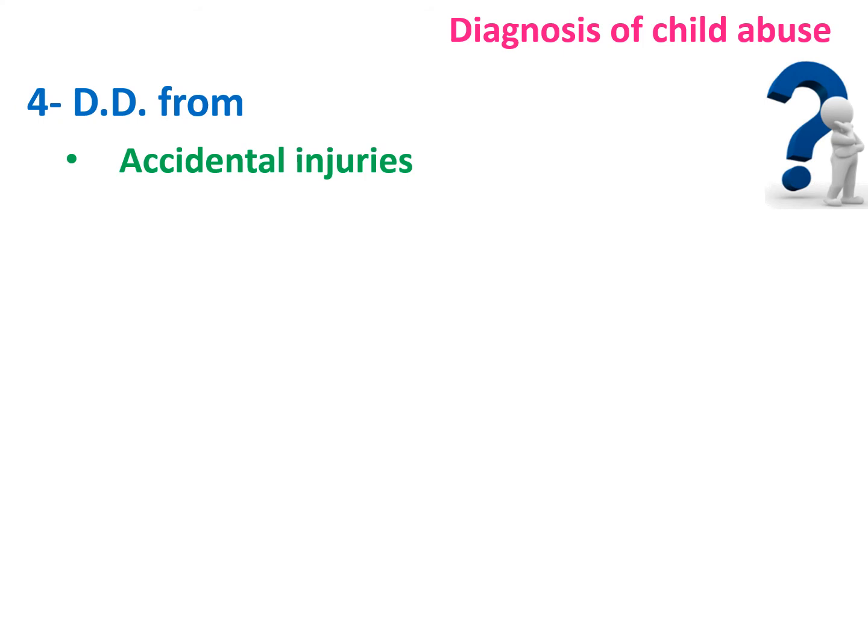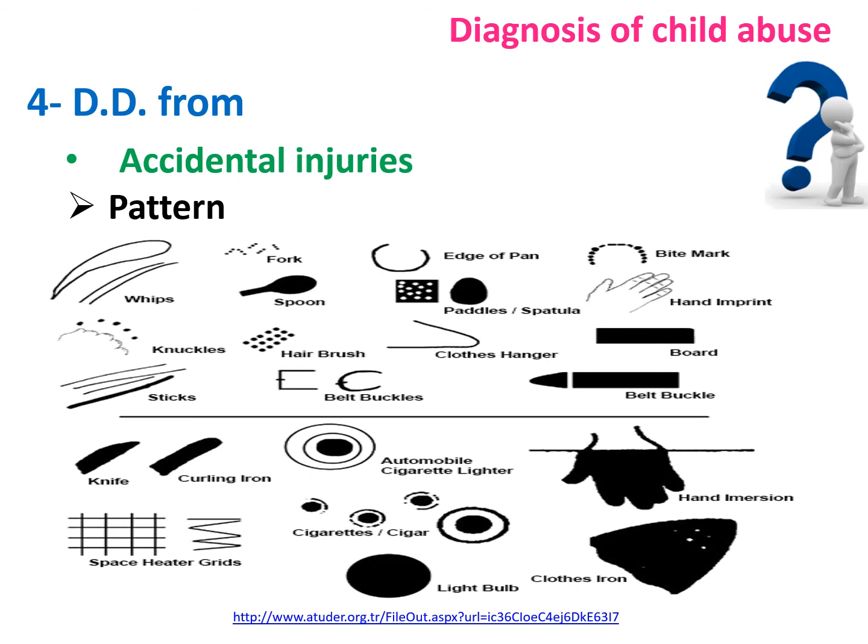The second differential diagnosis between accidental injuries and child abuse is by using the pattern. Usually, the pattern of injury in child abuse will reproduce the pattern of the instrument used to make this abuse.